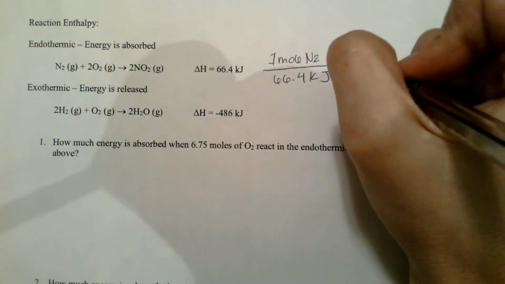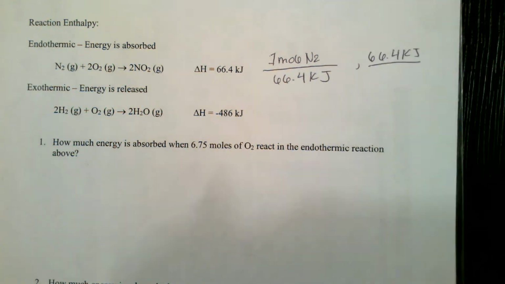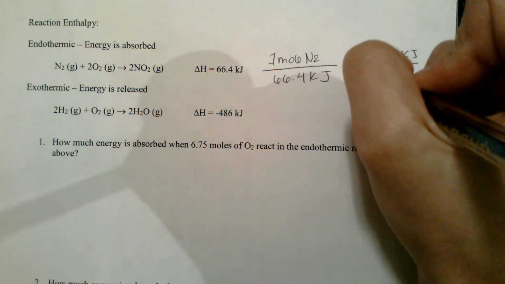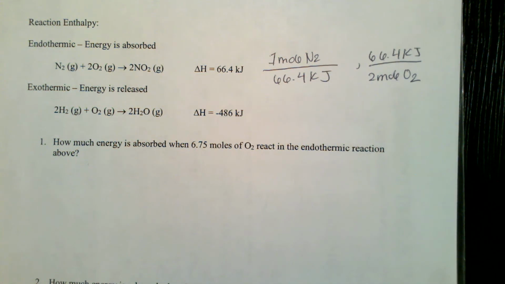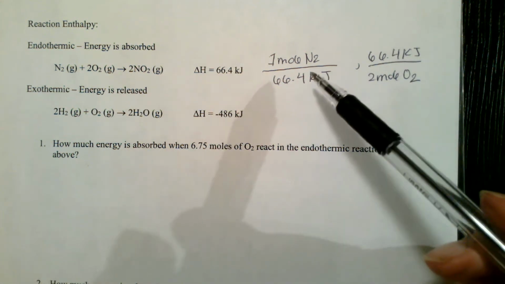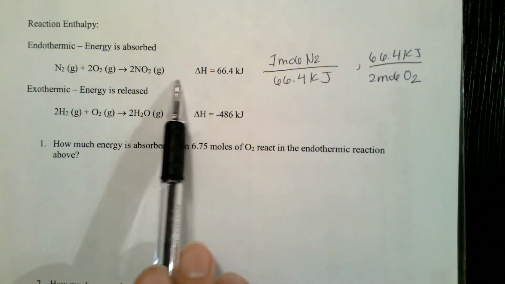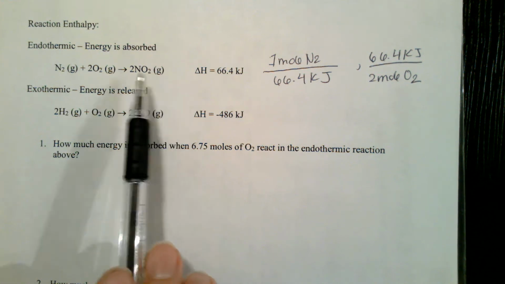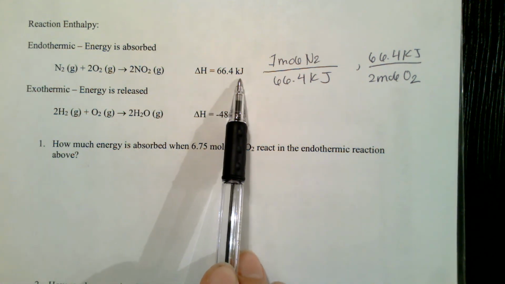Or we can say for every 66.4 kilojoules of energy absorbed, 2 mole of O2 would be required in the reaction. So kind of like mole ratios, but we're putting energy in there. So this is similar to moles, 2 moles and 66.4 kilojoules of energy.